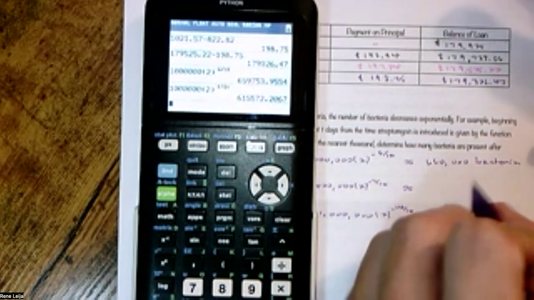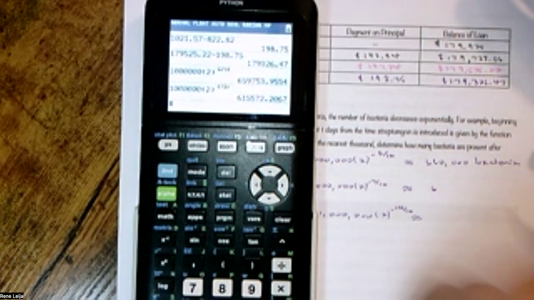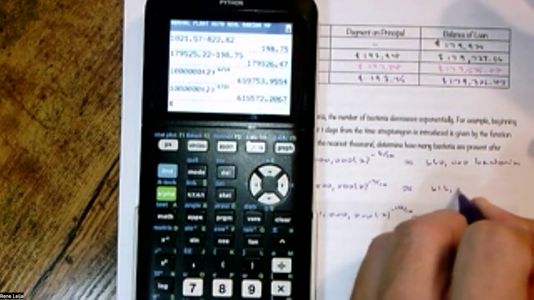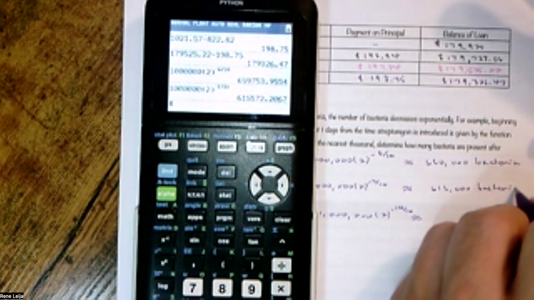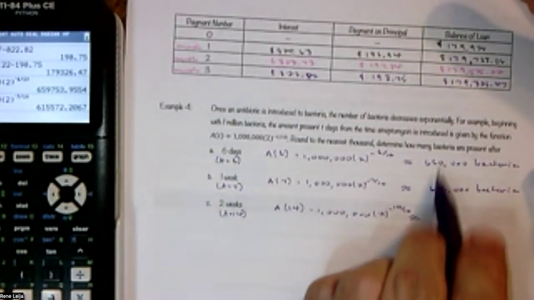So we're going to get approximately 616,000 bacteria. Okay. So just a day later, notice that it's not killing off as many.